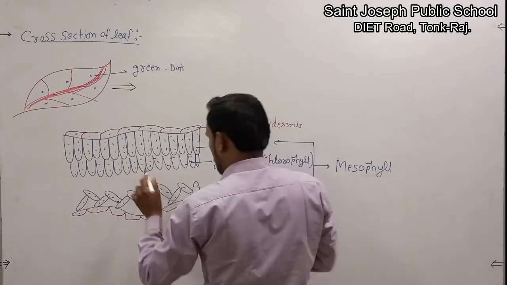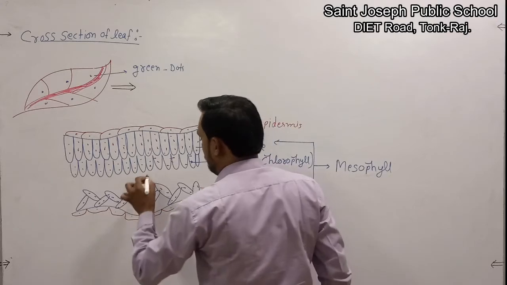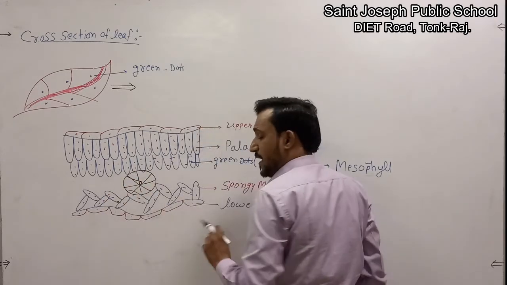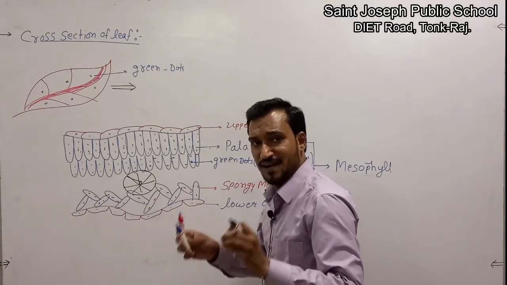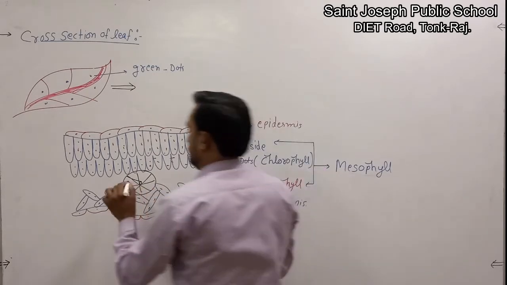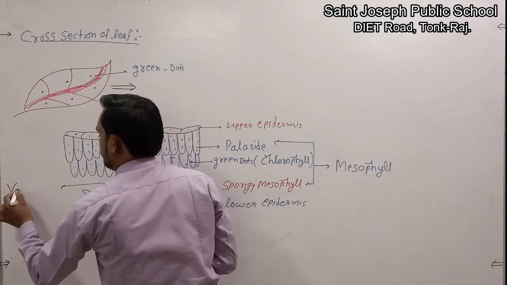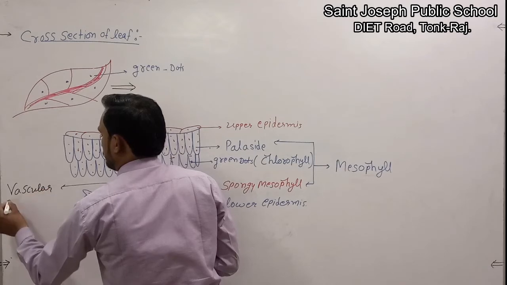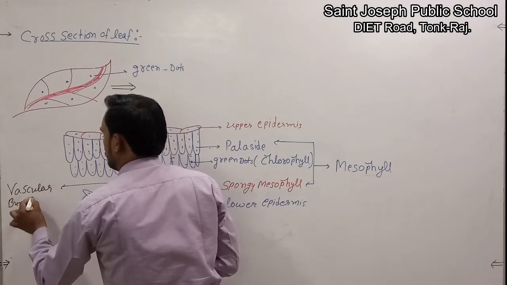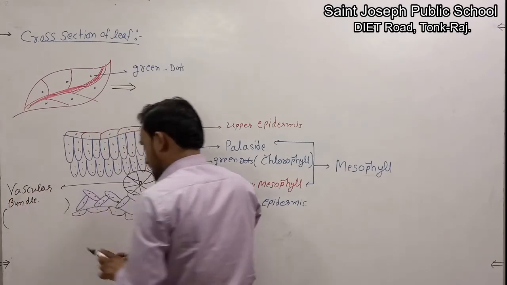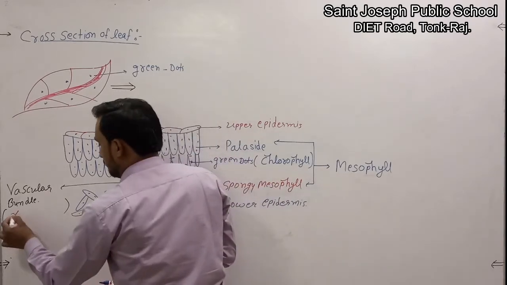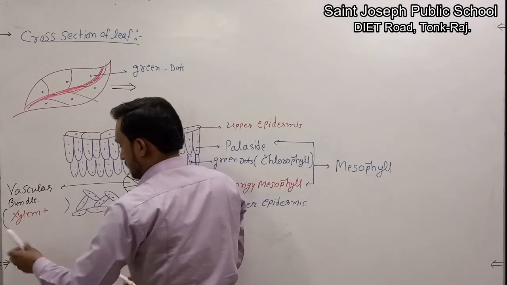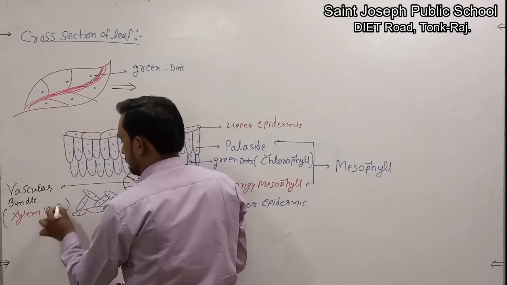Thus, we have to draw xylem and phloem combined here in this manner, and xylem and phloem combined are known as vascular bundle. What is vascular bundle? Vascular bundle is xylem and phloem.